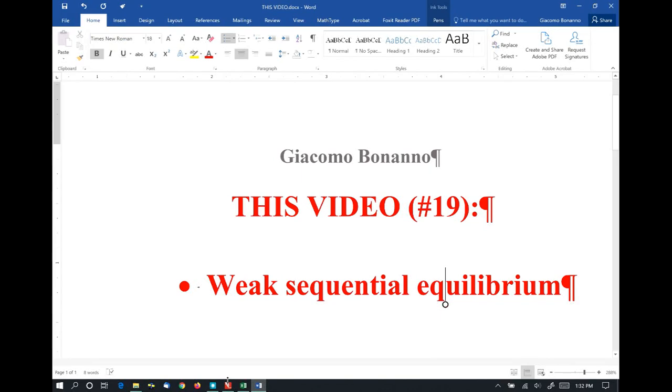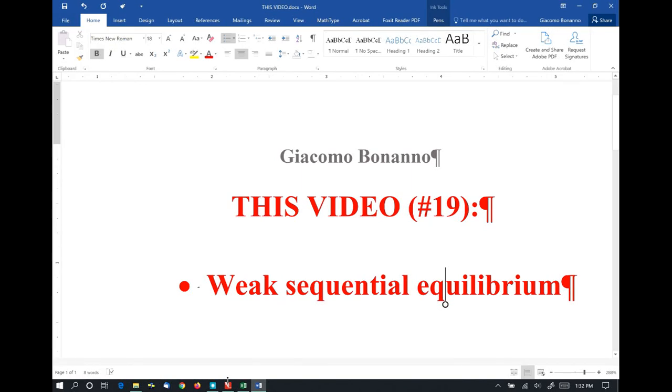When we move to general extensive form games, which might have imperfect information, then we have the same problem, that some Nash equilibria might not be sensible solutions of the game.